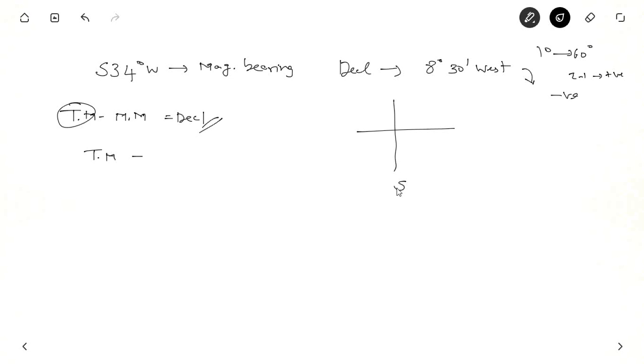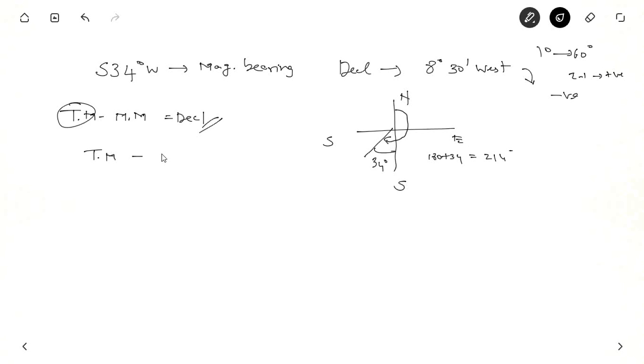So we know here it is south. Southwest means it lies in this quadrant, it is 34 degrees. So the whole circle bearing, when you measure clockwise from north, will be this is 90, this is 90, 180 plus 34. Whole circle bearing will be 180 plus 34 degrees, which is 214 degrees.